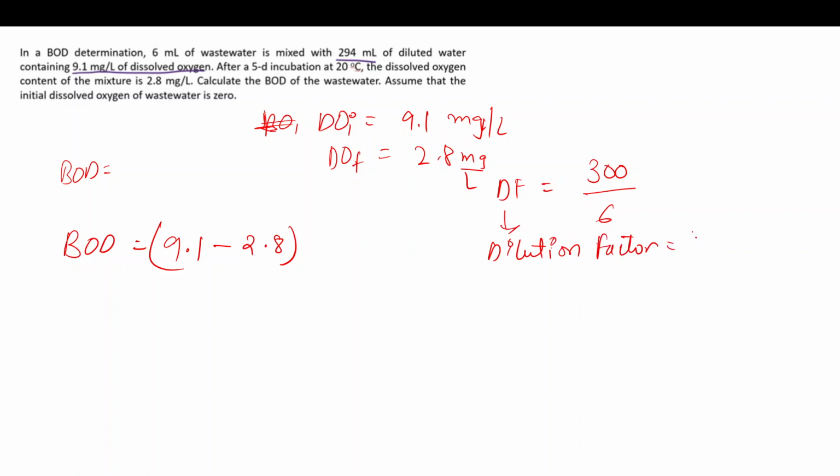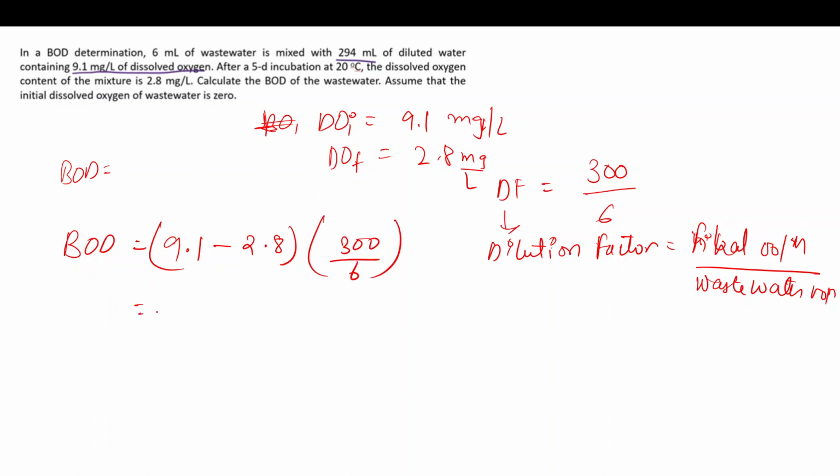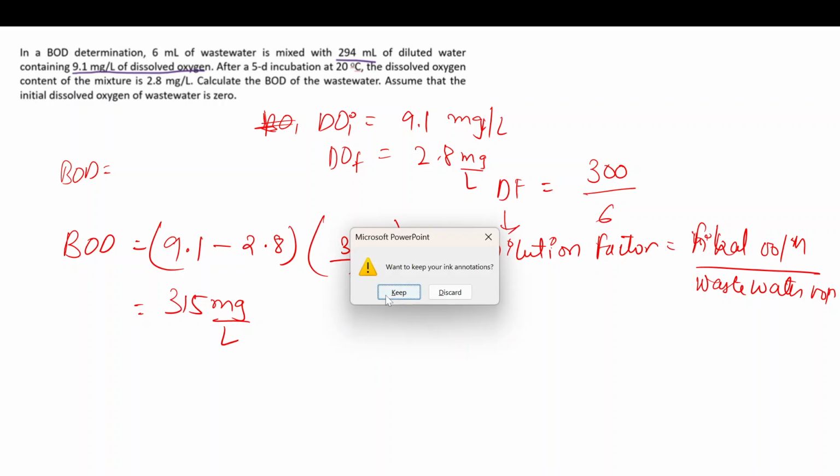So it is the final volume of water divided by wastewater volume, right? So here it will be 300 divided by 6, correct? So the BOD will be 9.1 minus 2.8 into 300 divided by 6, which is 315 milligrams per liter of BOD present. Is it clear so far?